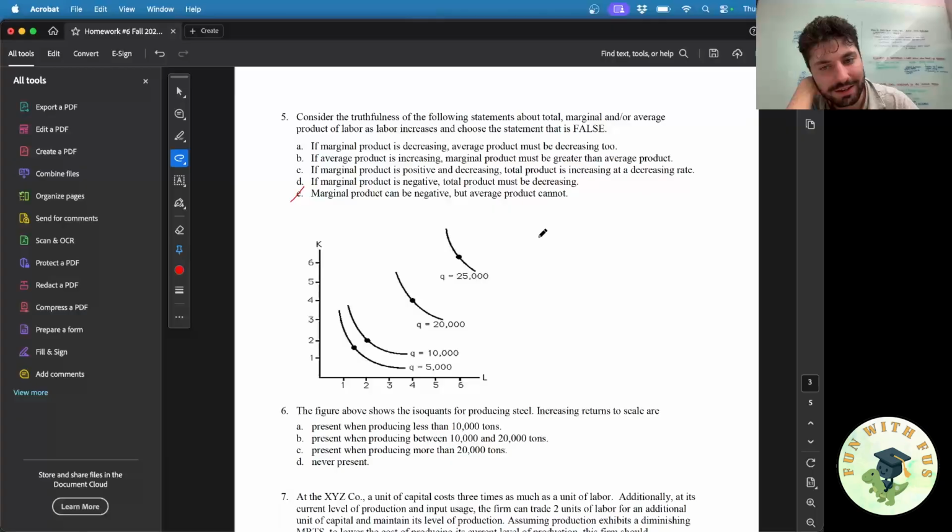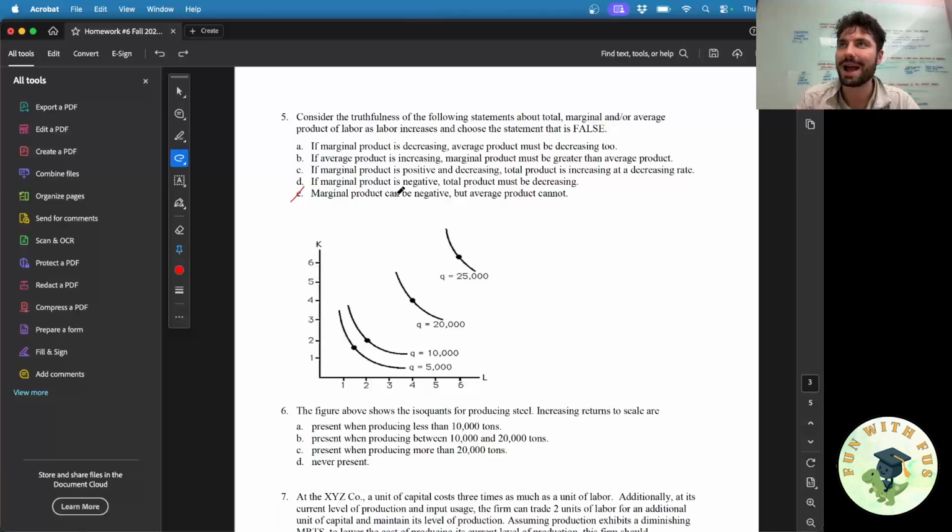Marginal product, so average product is like your total product divided by how much stuff you've made. So inherently, wait, I'm kind of lost. I'm getting lost myself. Whenever you make something, which is the marginal product, you can put a worker into the mix and they can have negative consequences.